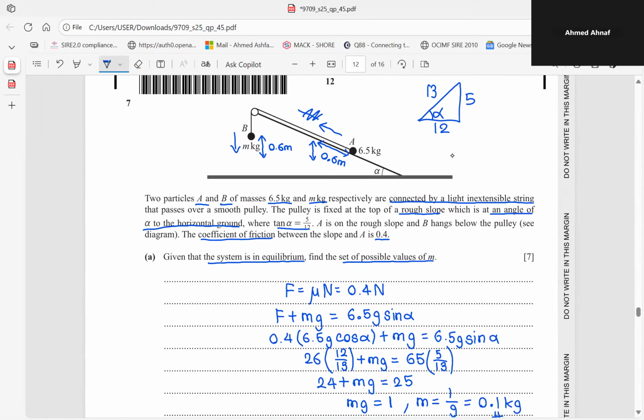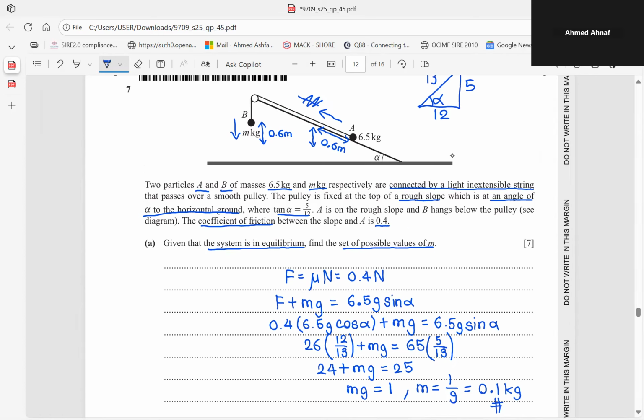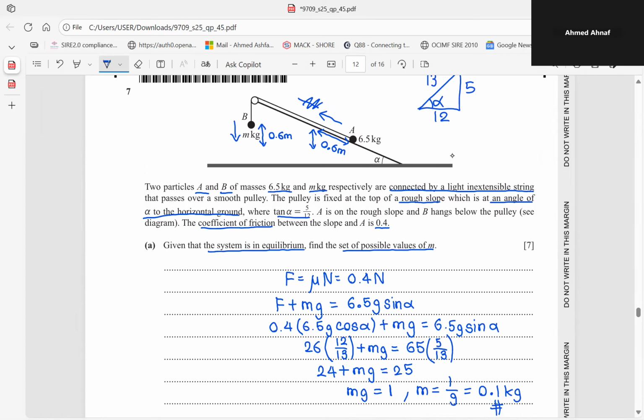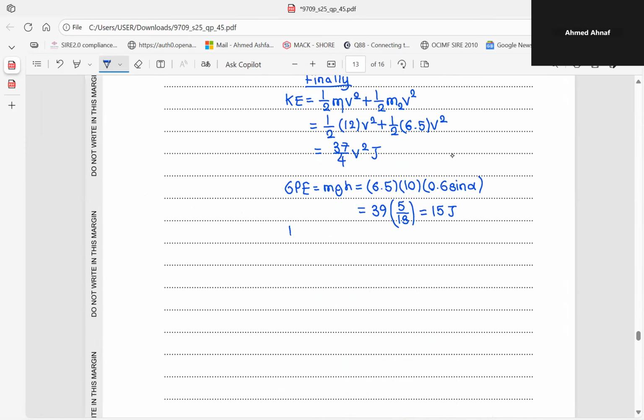So the work done against friction would just be F times d.